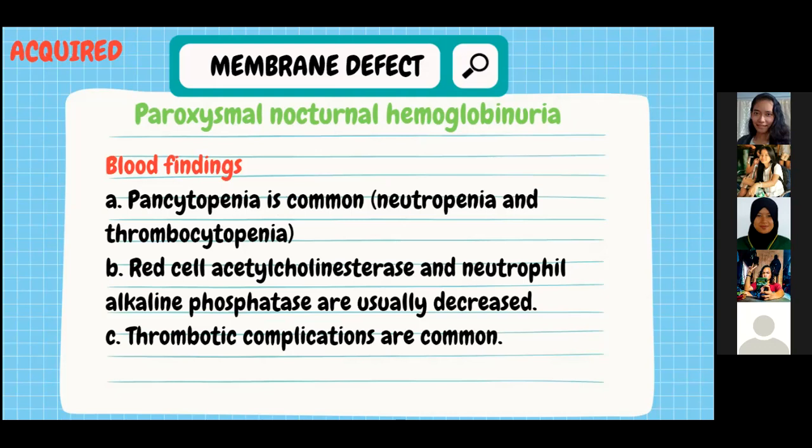So this will be the blood findings. Pancytopenia is common, with neutropenia and thrombocytopenia. Pancytopenia is when a person has a decrease in all three blood cell types. Neutropenia is when a person has a low level of neutrophils, and thrombocytopenia is when your blood platelet count is low.